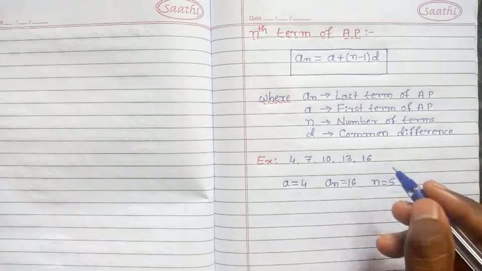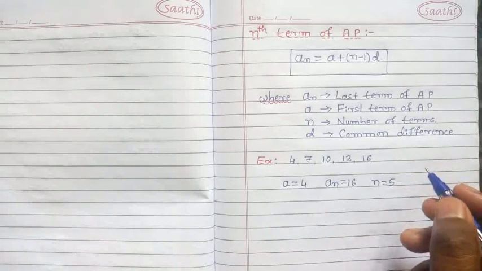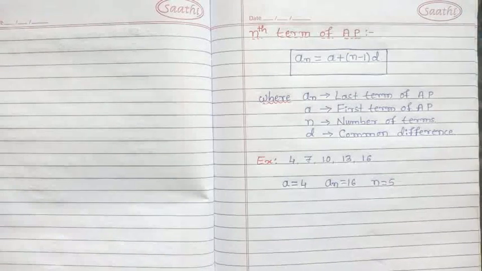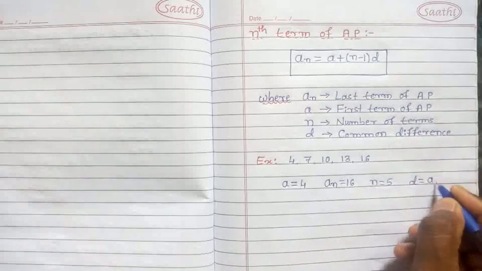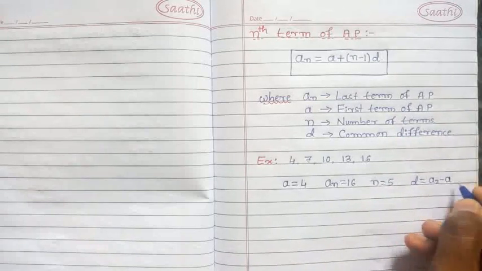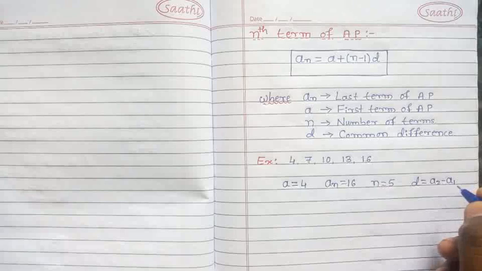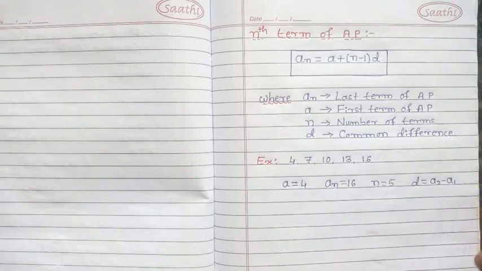Then the last one is the common difference. Already you know how to find the common difference: d = a2 - a1, where a2 is the second term and a1 is the first term.